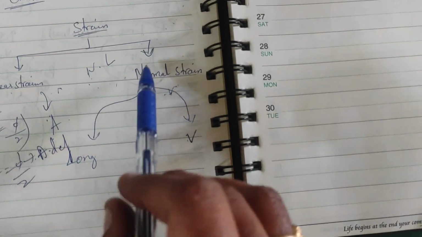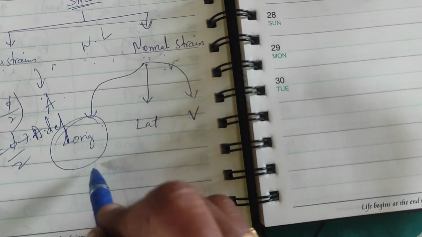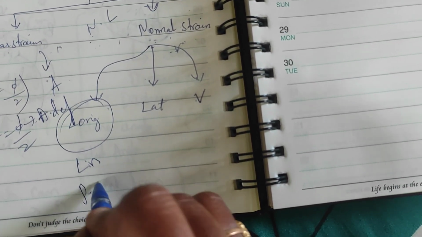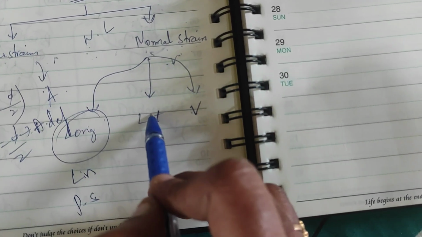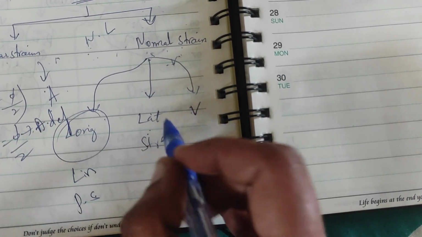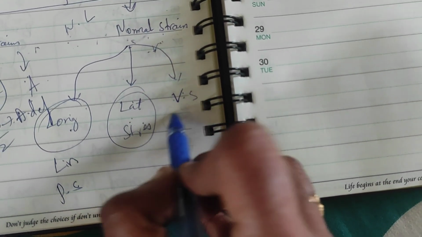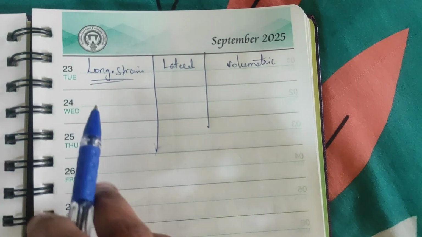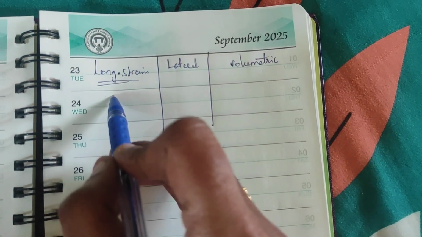The normal strain is of three types: longitudinal strain, or linear strain, or primary strain; lateral strain; and volumetric strain or dilation strain. Understand? Next we will be learning deeply what is longitudinal strain.